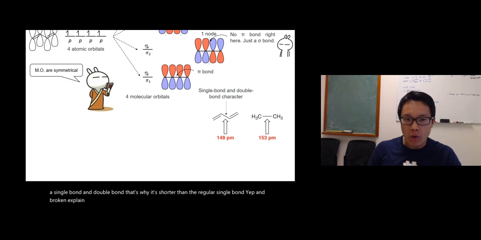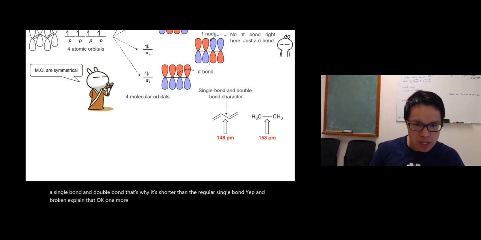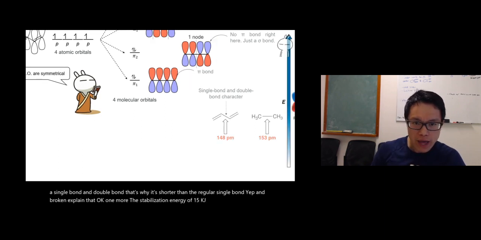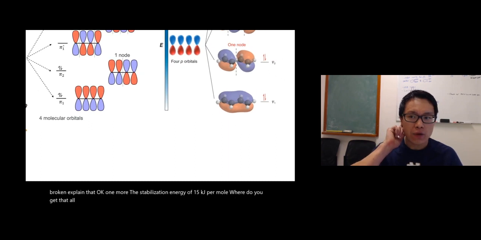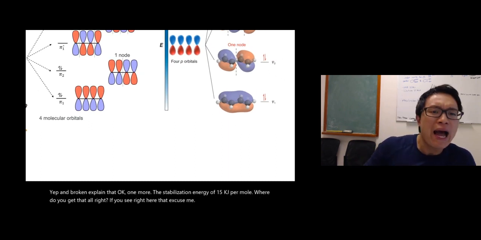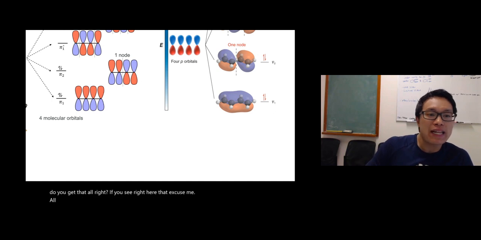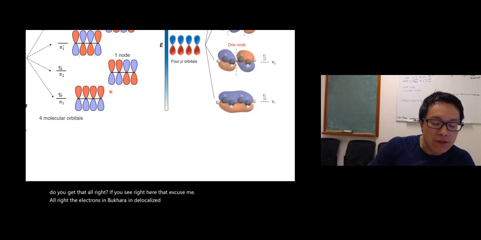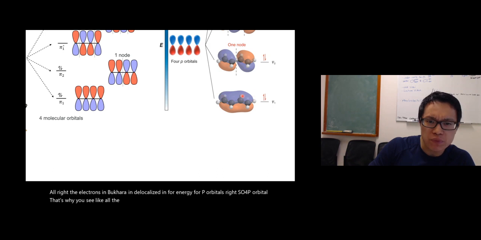One more, the stabilization energy of 15 kilojoules per mole. Why do you get that? The electrons in butadiene delocalize over 4 p orbitals, so you see one continuous blob of electron density.